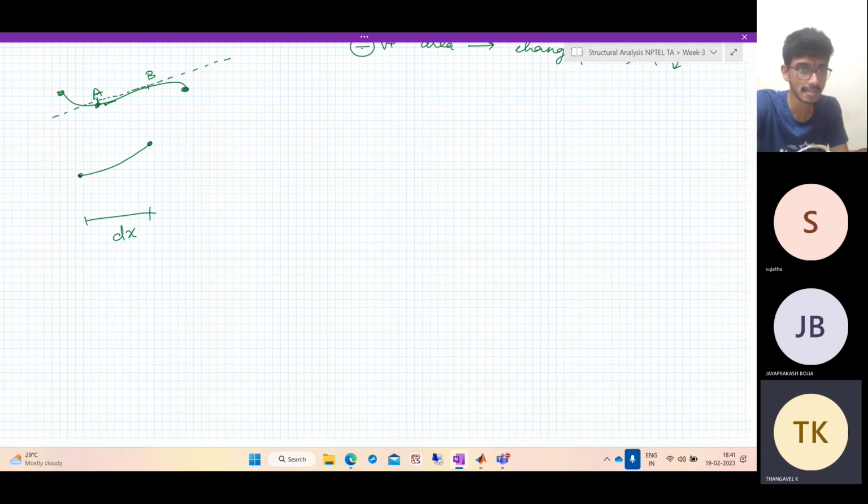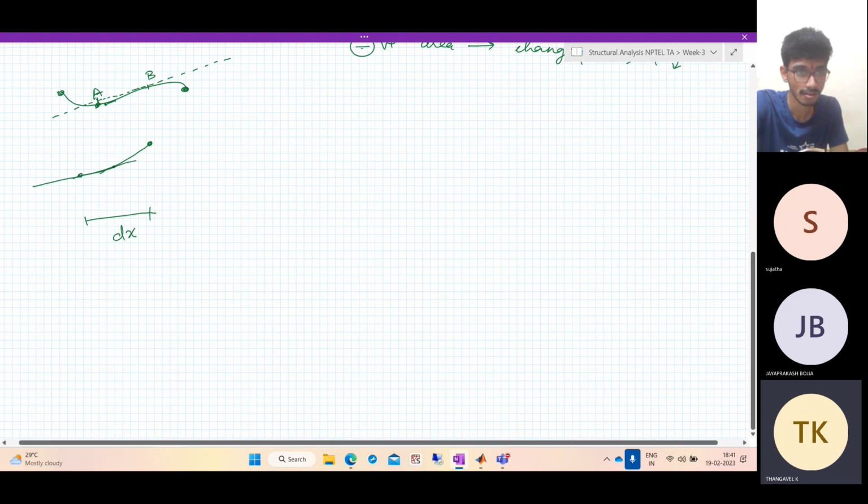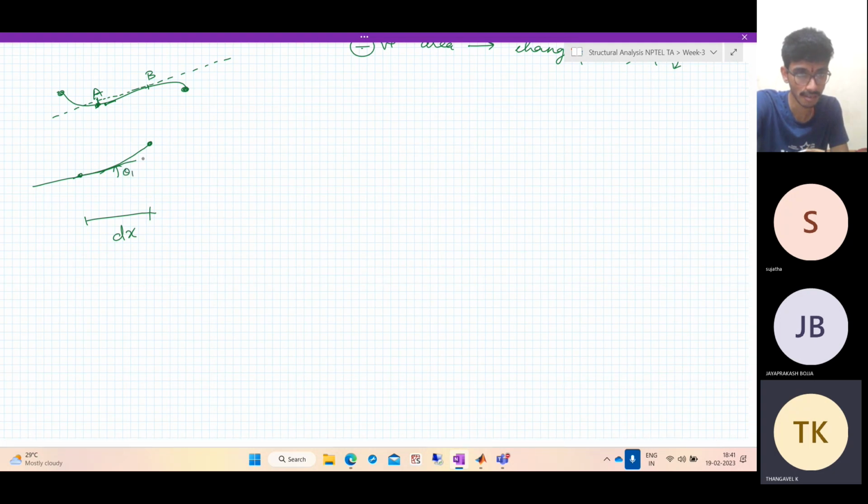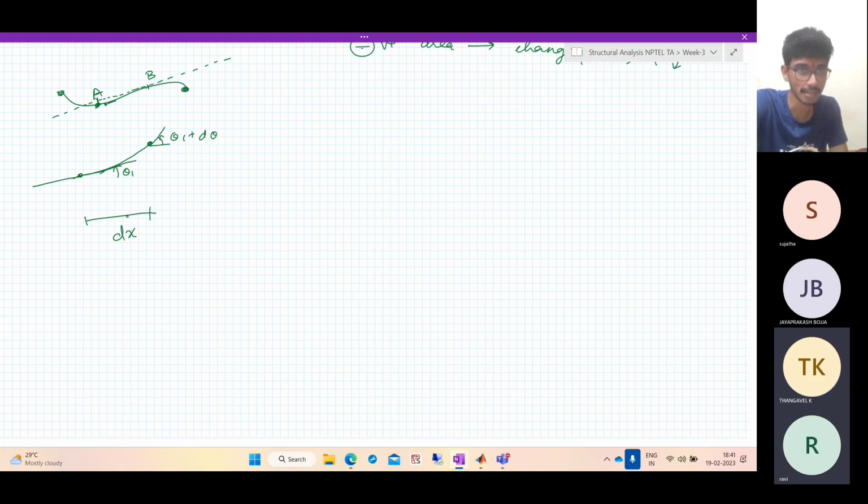Over this length, the tangent changes from theta 1 here to theta 1 plus d theta here. This is a very small distance. At a point x, what will be the length swept by the tangent?